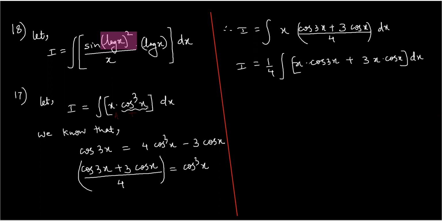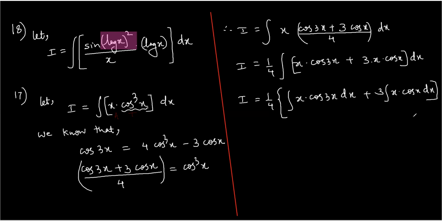So now I write separate integrals: I equals to 1 upon 4 and bracket, x into cos 3x dx plus 3 is constant out, integration of x into cos x dx. So I write this as I equals to 1 upon 4, and this one I write I1 plus 3 times I2.